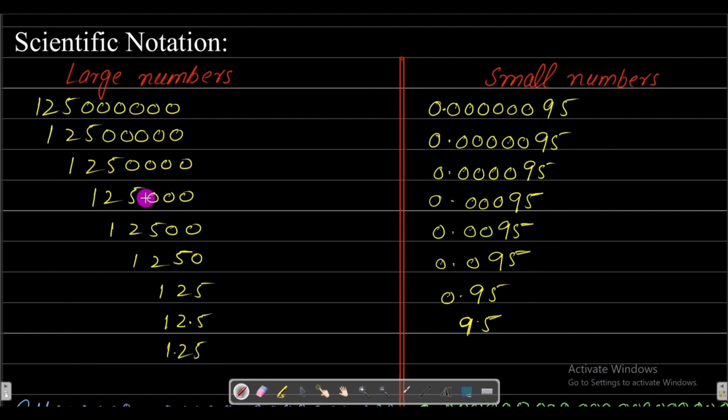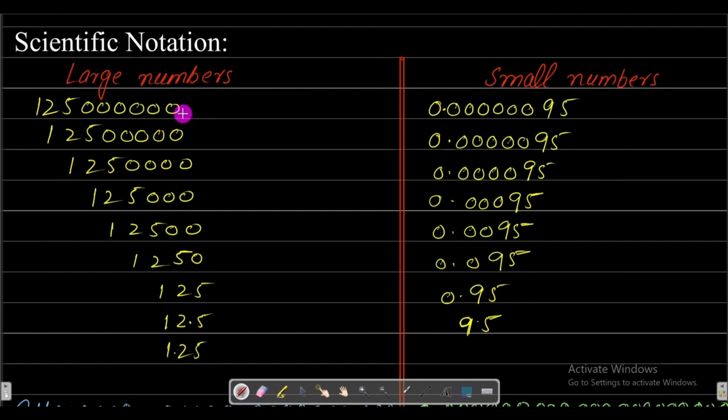By further division it will become 1.25 with 3 zeros, and by further division 1.25 with 2 zeros. But here is the problem: it's okay that the size of this number is reducing, but the magnitude is also reducing.